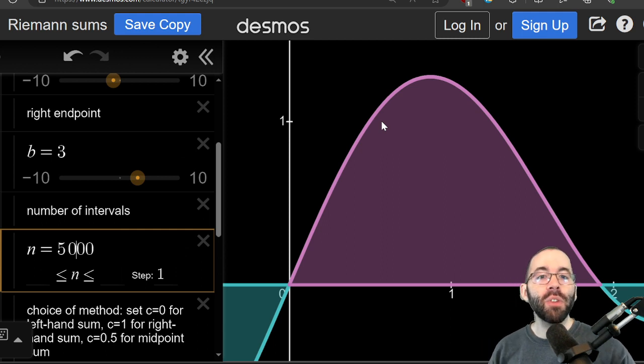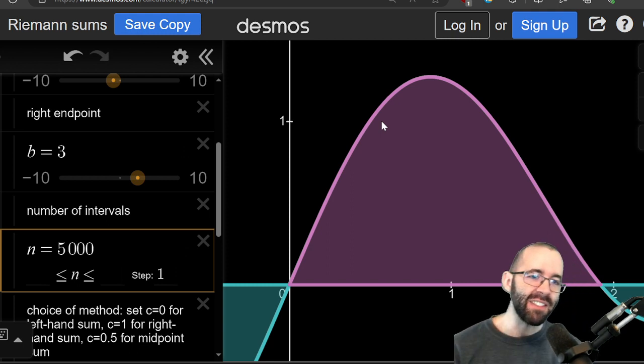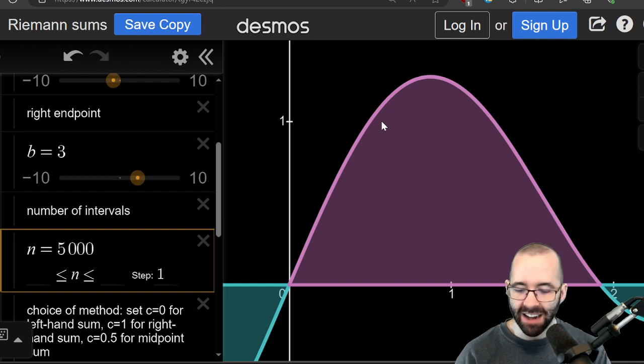Now there's some really cool theory going on behind the scenes that we're not going to talk about. And you can actually do this without any calculus at all. Just set up a formula for these and then take the limit. Oh, that's calculus. No integrals at all. You can take the limit of these Riemann sums and really get the precise exact area.